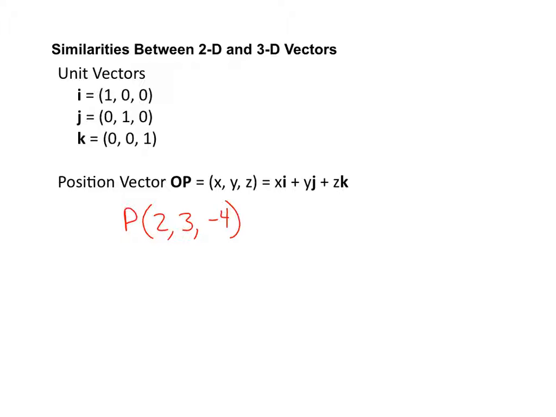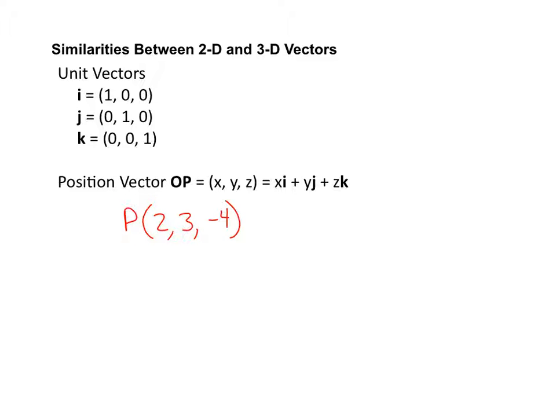Well, now if we're in 3D, i is 1, 0, 0, j is 0, 1, 0, and now we have a k vector, that's the unit vector, it's 0, 0, 1. So you can look at this as i being our horizontal, j being our vertical, and then k is our z.